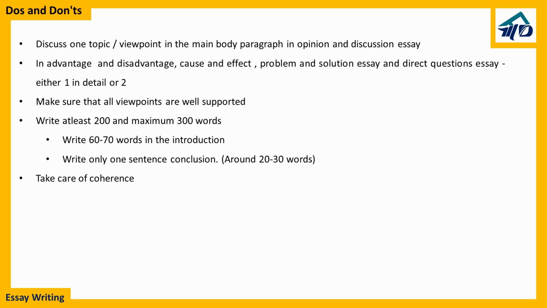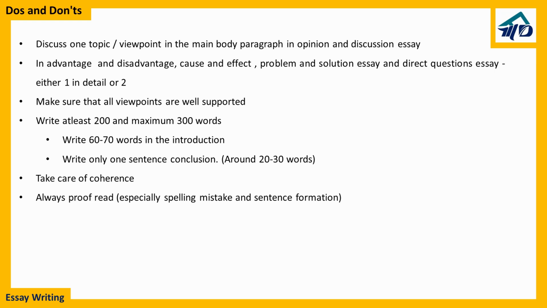In the conclusion, you have to favor your first viewpoint only. Many students forget this, they write against it. So their essay won't be coherent, and you may lose marks. Remember, you need to take care of all these points if you are aiming for a more than 79 plus score.